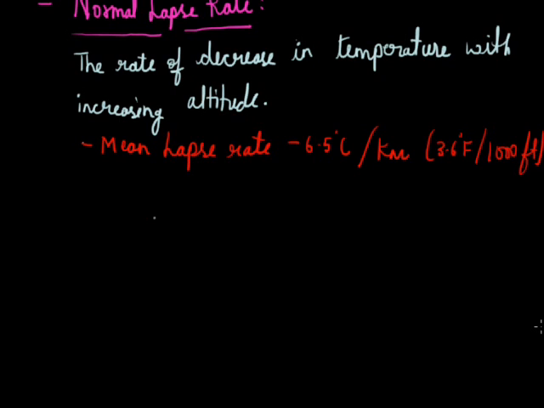We study them under the terms of adiabatic lapse rate, dry adiabatic lapse rate and saturated lapse rate. The term adiabatic refers to the rate of temperature change as the air rises or falls without the loss of heat from the air mass.